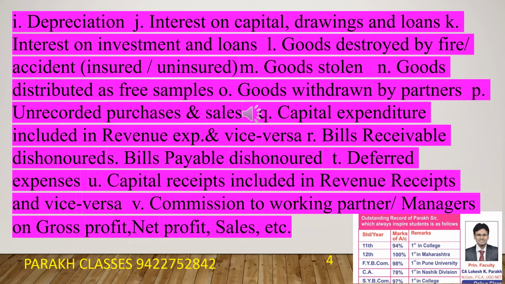Capital receipt, that means sale of furniture, is a capital receipt, but if we record it into the profit and loss account, that means we treated it as revenue receipt. Commission to the working partner or the managers based on gross profit, net profit or sales, etc.